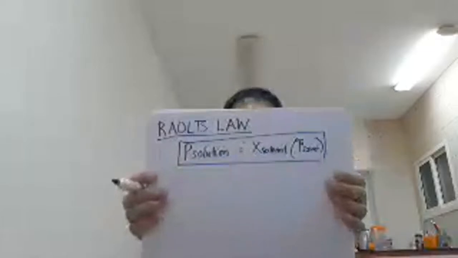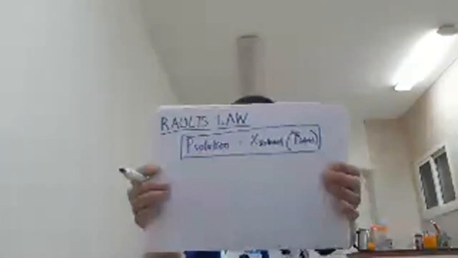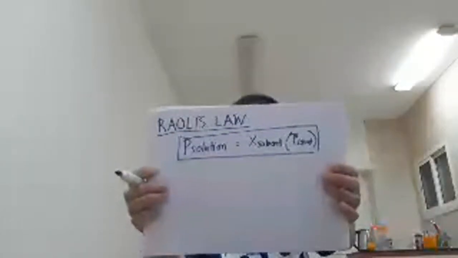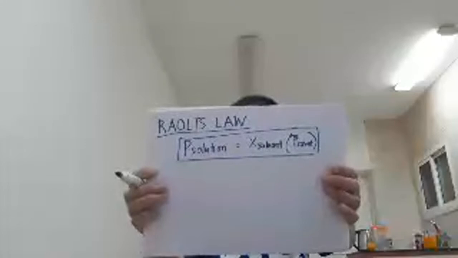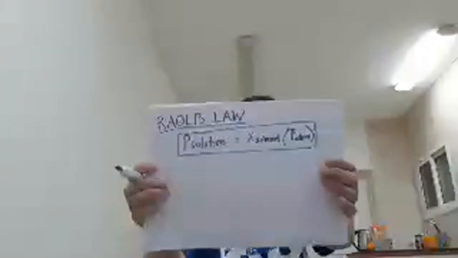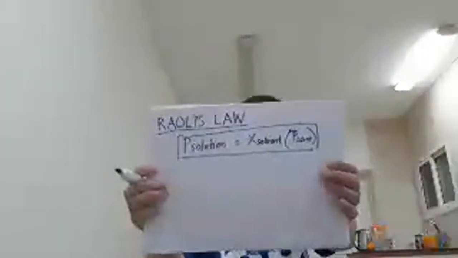Okay, I explain this shortly. Vapor pressure of a solution is equal to the mole fraction of a solvent in a given ideal liquid mixture times the partial pressure of the solvent in an ideal liquid mixture. So that is Raoult's Law.